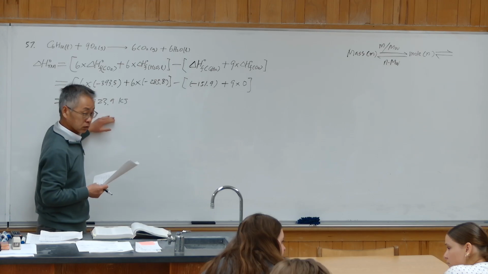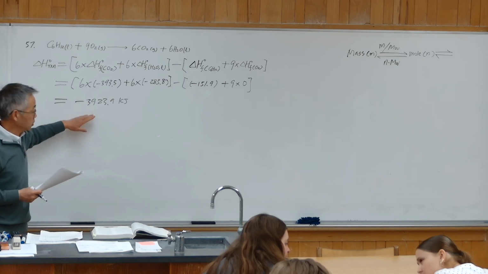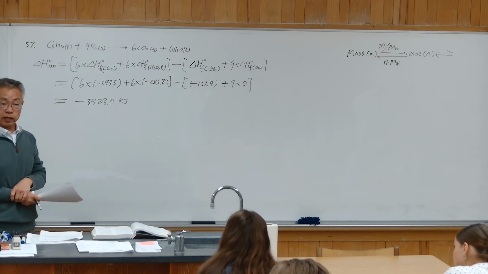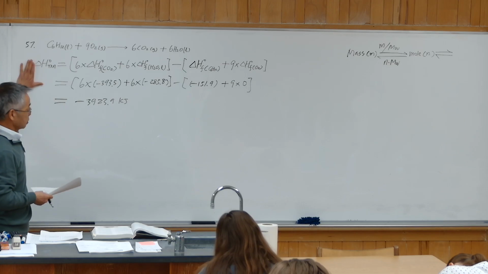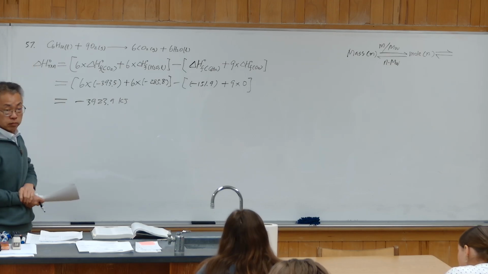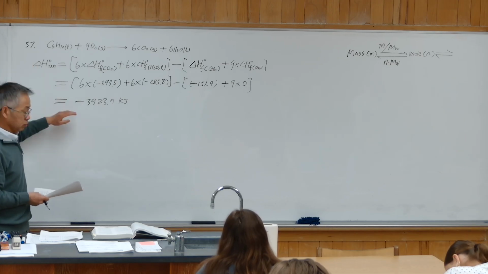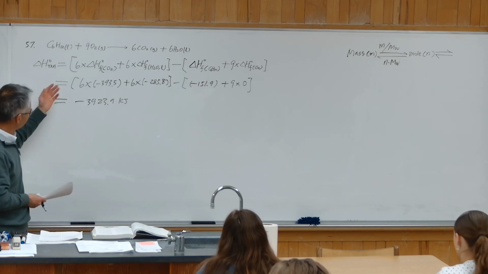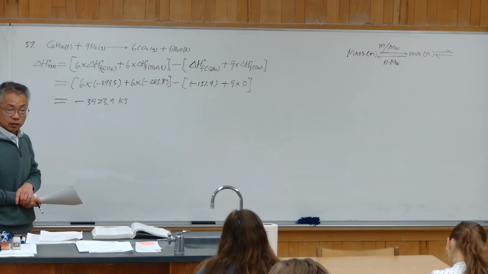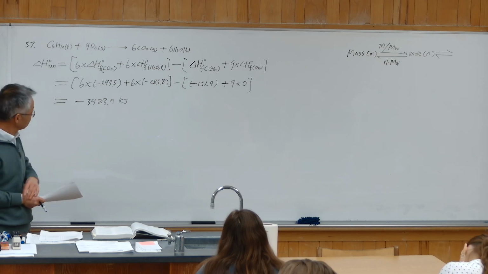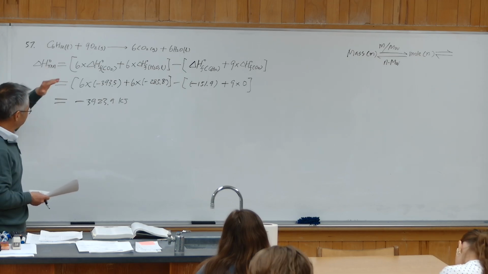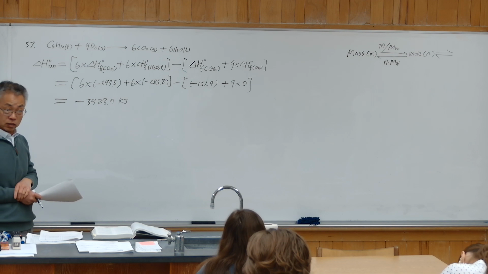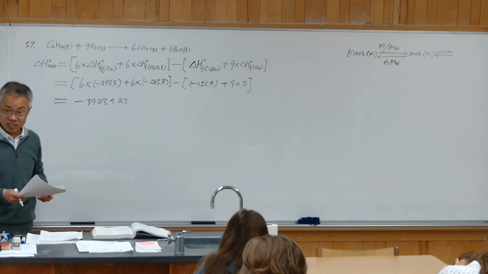Then give the answer. I can tell you the last step is the least important. If this is a 5 point problem, these two get maybe 2 points each and the last one only 1. If in a test there's a 10 point problem, maybe this is 4.5, 4.5, and this is still only 1. So the final answer is least important.